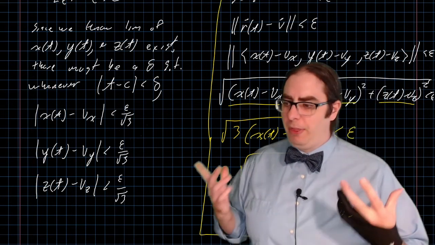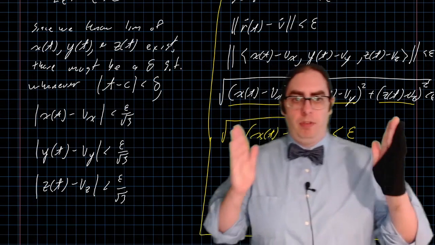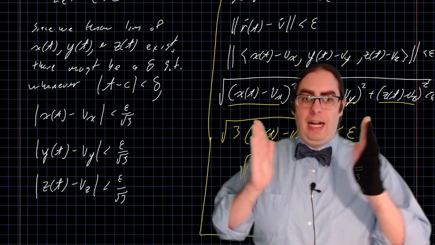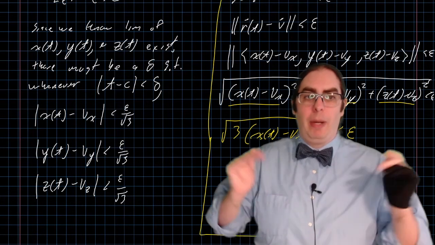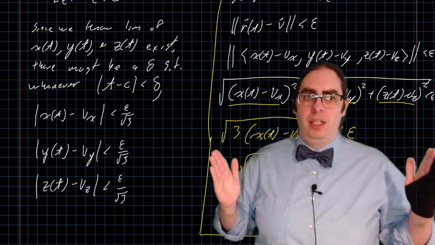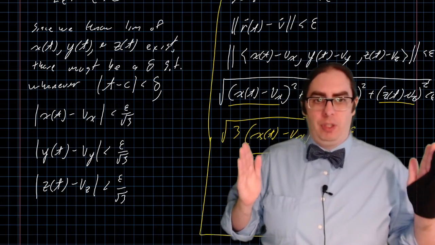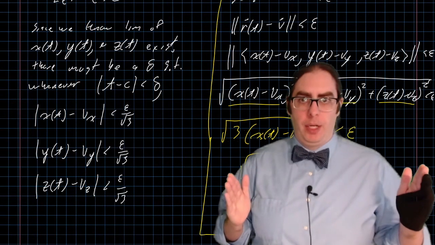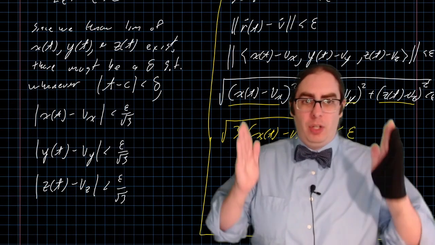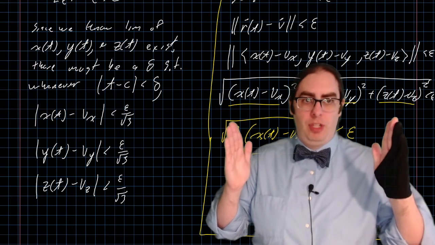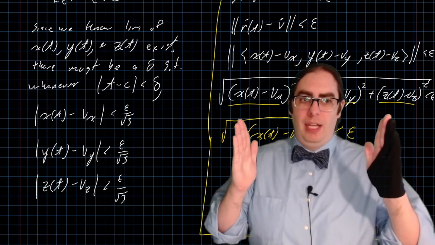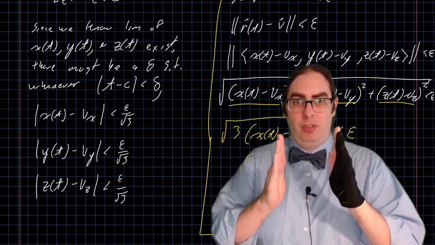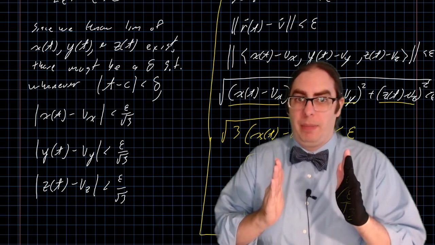But again, thinking about this visually, the purpose of delta is to define how wide the box has to be, or how wide the box can be, so that the function goes out the left and right of the box and never the top and bottom. If I've got a function where if I make the box this wide, it's going out the left and right, and then I narrow the box, it's not going out the top and bottom anymore.